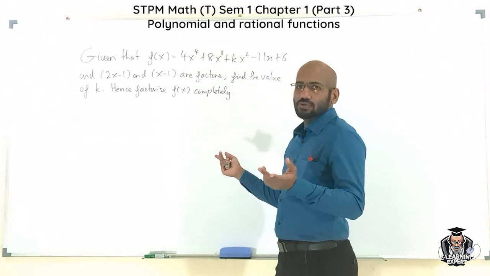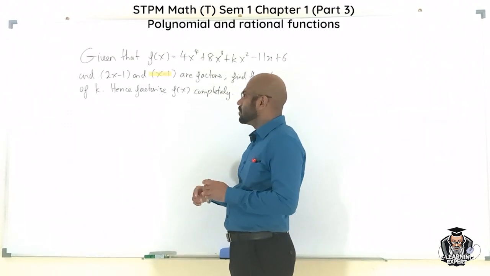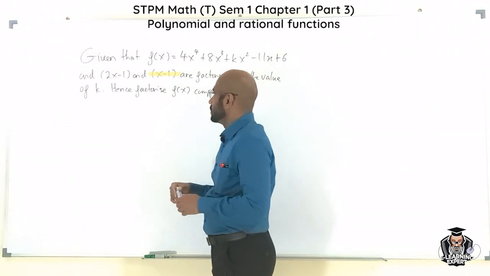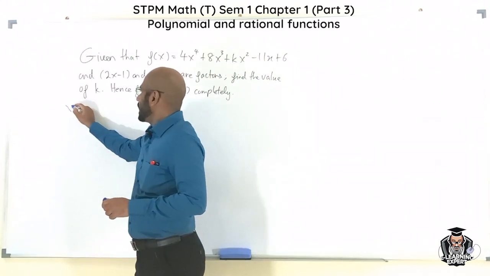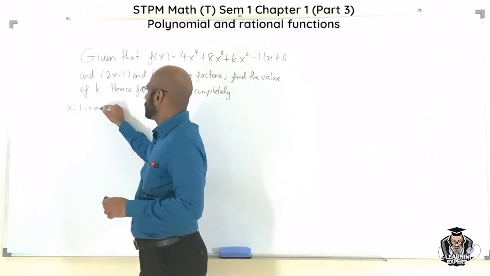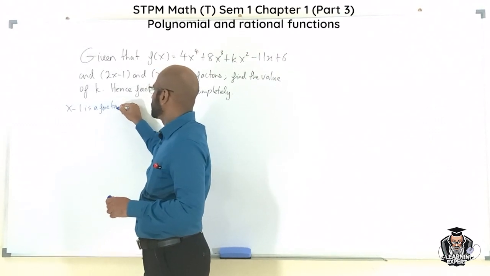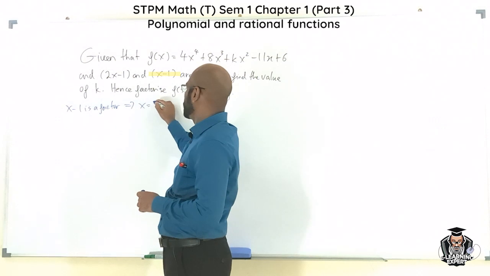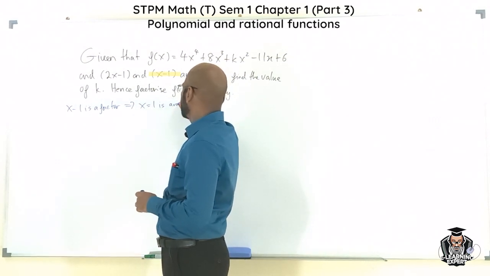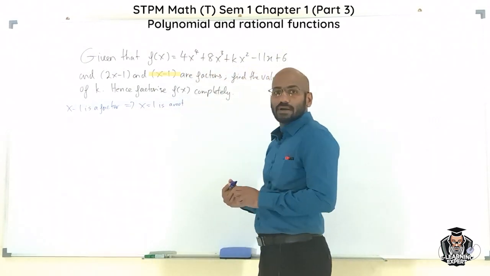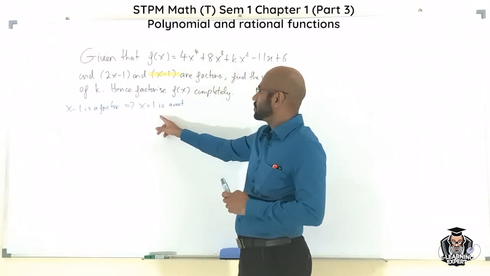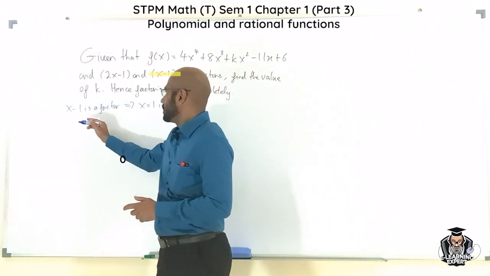Over here we are given two factors. I would go with x minus 1 because this doesn't have a fraction. So since x minus 1 is a factor, we know that x equals 1 is a root. So what is meant by a root? If I replace all the x's in the equation with 1, I get 0.